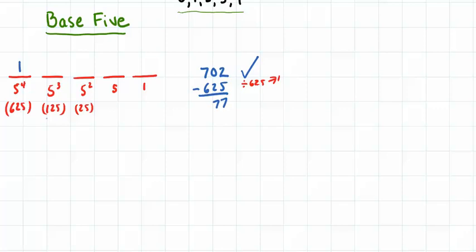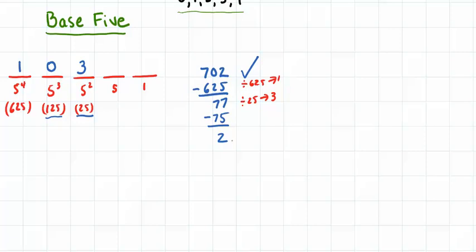Now I move down to my next place, which is 125, and I'm thinking, wow, I only have 77 left. I don't need any of the 125s, so I put a 0 in that place. Moving down to the next level, how many times will 25 go into 77? It will go 3 times, so I'm going to need 3 of those. And 3 times 25 is 75. So I subtract and I end up with 2 left over.